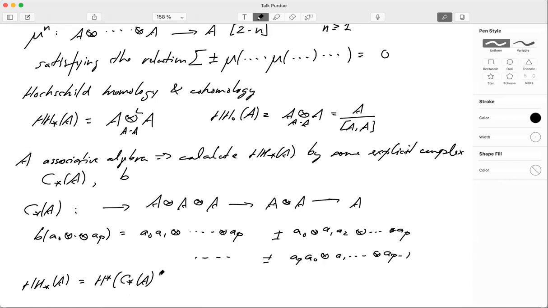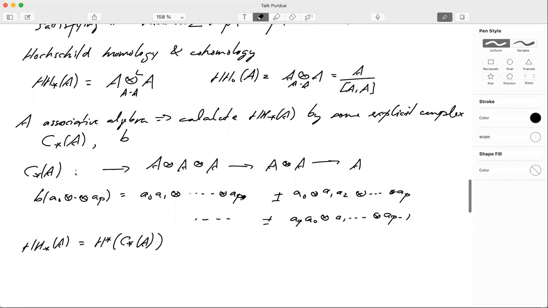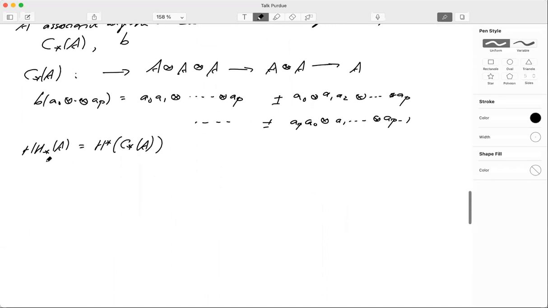Because I'm working with homology and cohomology together, I'm going to grade everything positively. So you see all these differentials are going to the right. So I'm going to write cohomology.